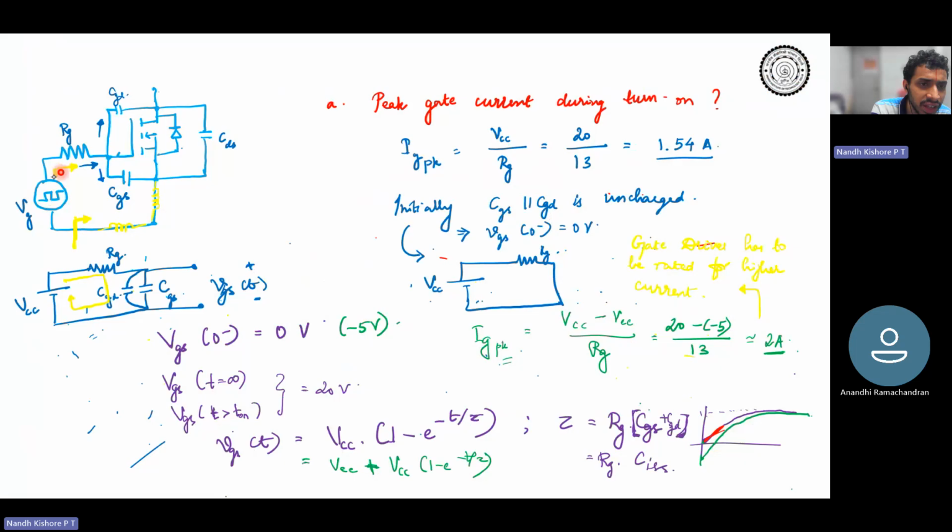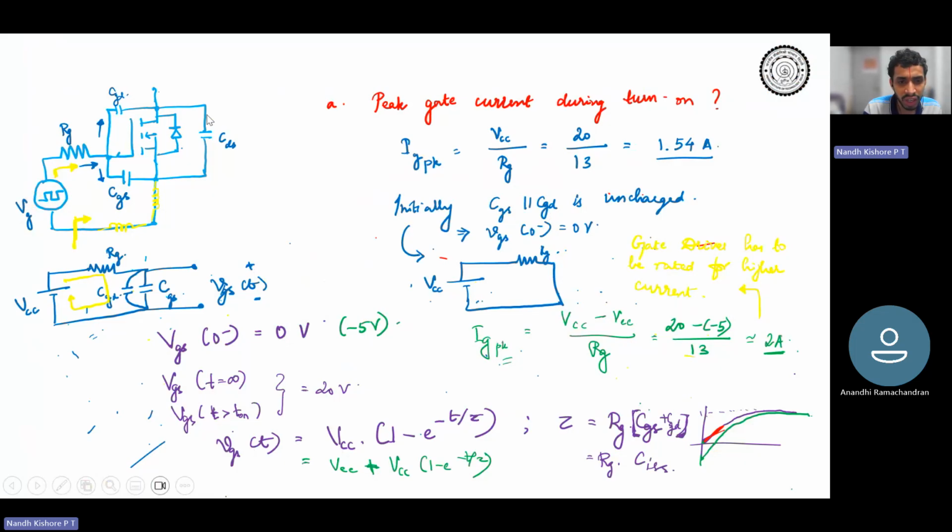You can understand that the direction of current is from VG, right? It is going out of VG. So VG is acting like a source. So it is actually sourcing current. The gate driver should be able to supply that much current, or it should source current.